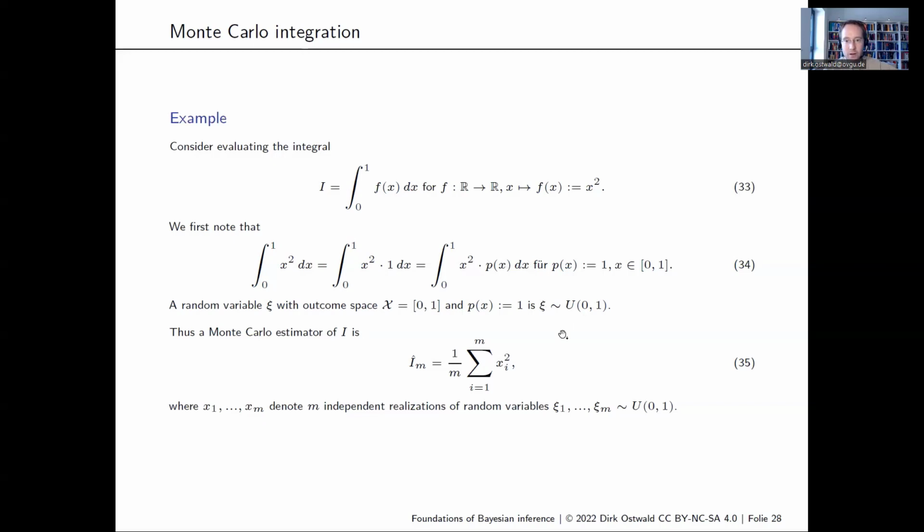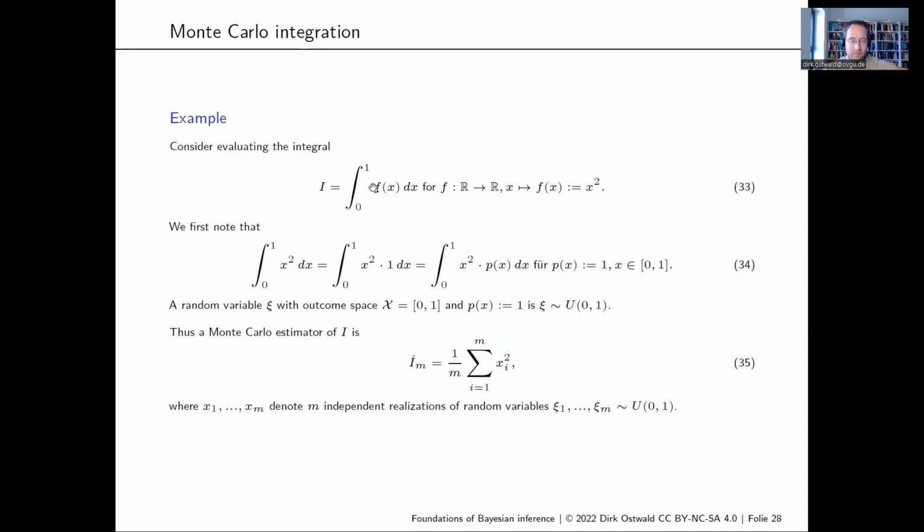And if we now create samples from the uniform distribution and square them, then we know by the law of large numbers that the sample mean converges to this expectation if our number of samples, which is here denoted by m, gets very large.